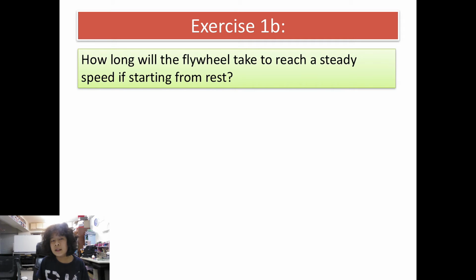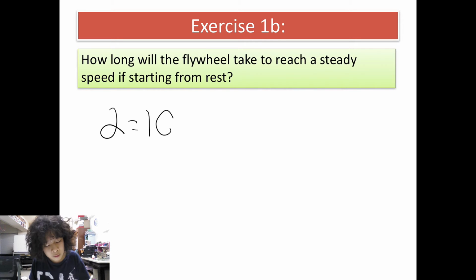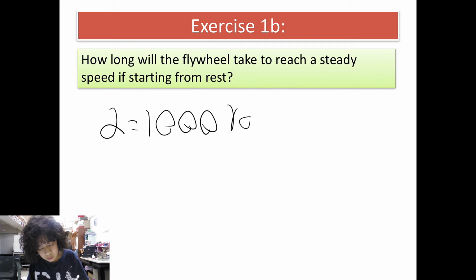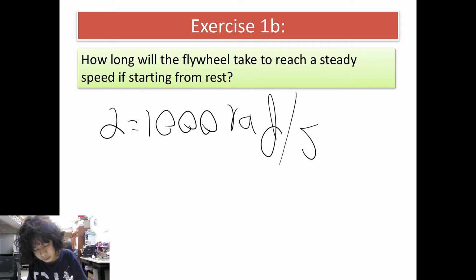Exercise 1b. According to the last question, how long will the valve take to reach a steady speed if starting from rest? We already know alpha equals 1000 rad per second squared.